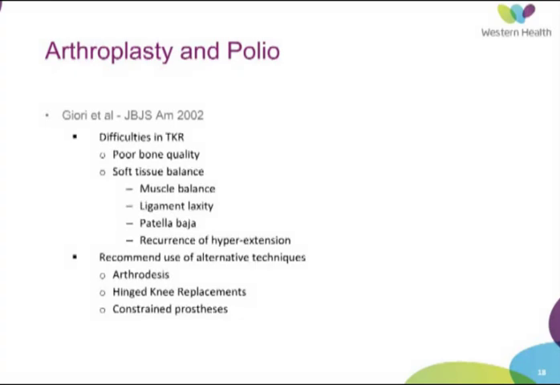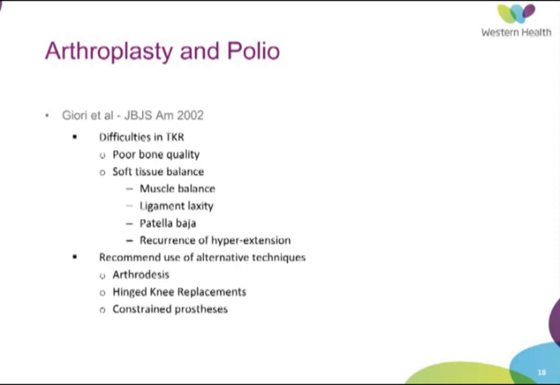So they recommended in their discussion at the end that although it's possible, and there are good results published in studies, arthrodesis is perhaps the preferred method, or using a more constrained prosthesis such as the hinge knee replacement. And that if you are going to do a primary knee, using the more constrained is the better way to go. So just quickly going through, trying to summarise, I guess, those treatment principles.